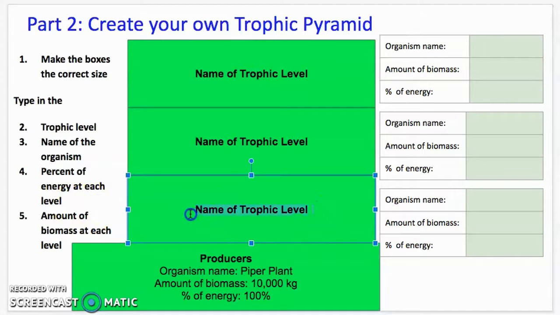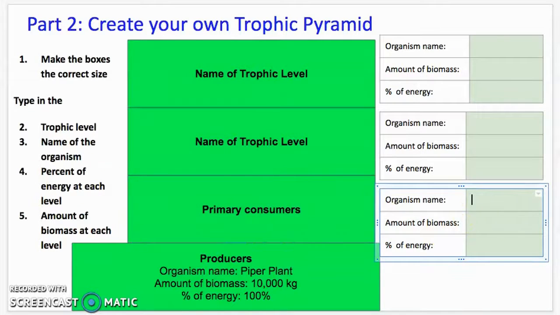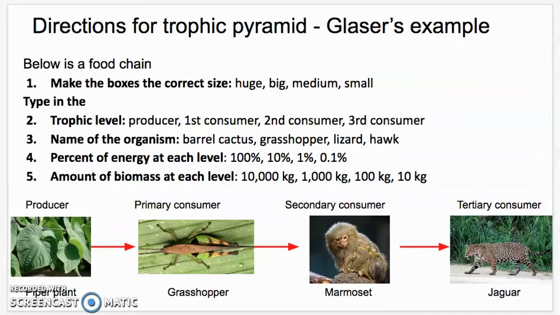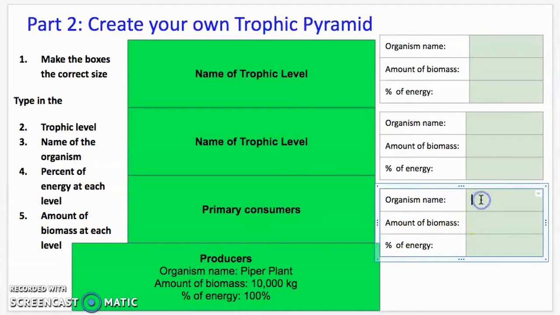Now, the next level up from the producer, we're going to go to the primary consumers. If you want, you can type in this box, but you can also type over here where these green boxes are. The organism name, up here I have my tropical grasshopper, so right here I'm going to put my grasshopper. The amount of biomass, I had 10,000 kilograms here, only 10% gets passed on, so here I'm going to put 1,000 kilograms.